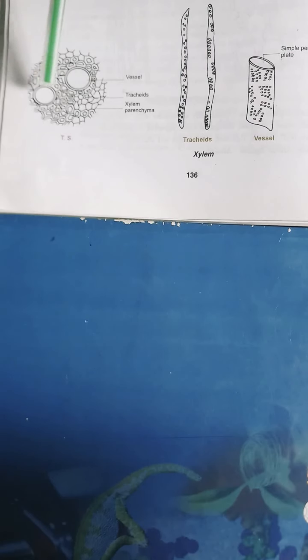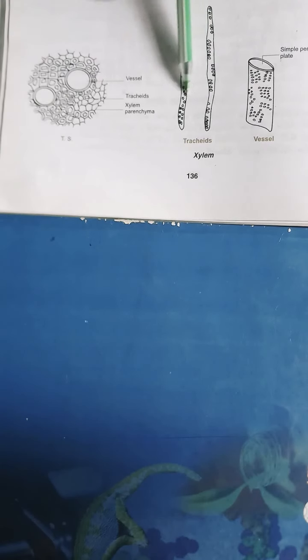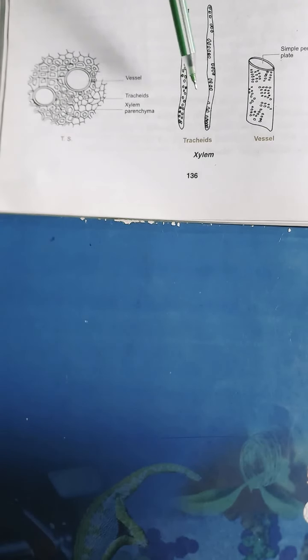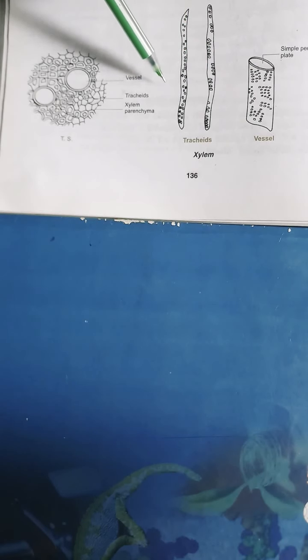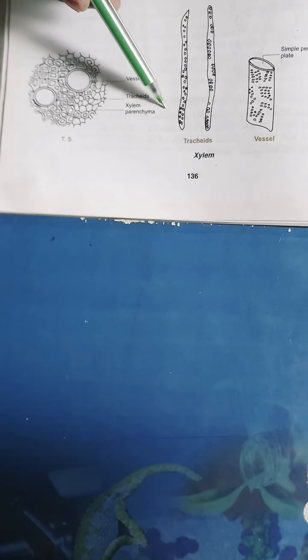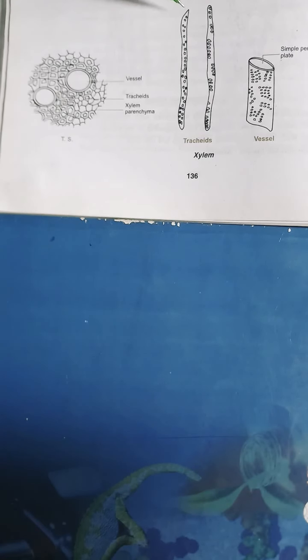Now tracheids, you can see tracheids are here. Tracheids are narrow elongated cells with thick lignified walls, large cell cavity and tapering end walls.